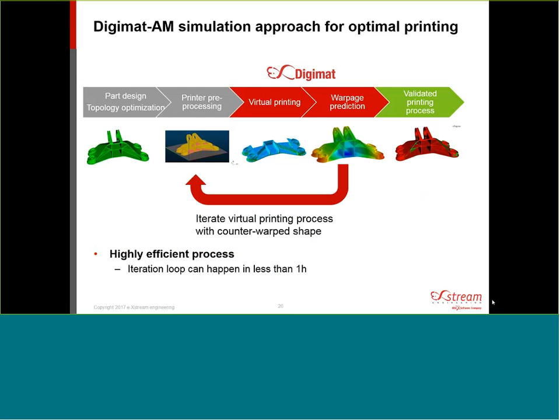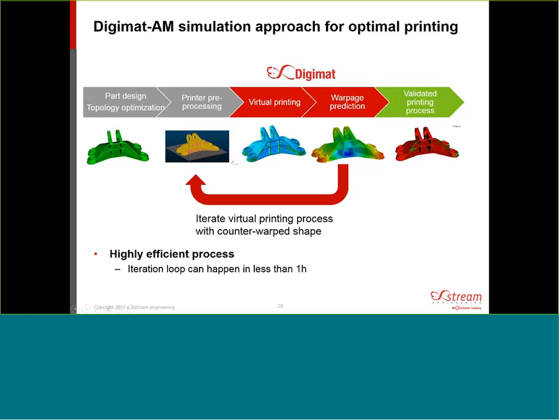Okay, so in summary, the Digimat AM simulation approach for an optimal printing is to add the simulation prior to your physical printing process, do virtual printing, predict your warpage, export the counter-warp shape, run through your printer pre-processing again, especially for FFF if you need to slice your part again, perform your virtual printing, and then obtain an improved warpage behavior compared to your initial design.